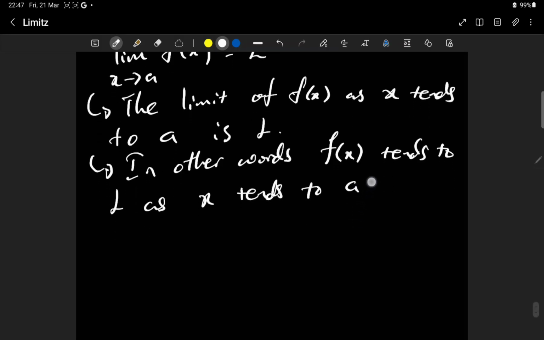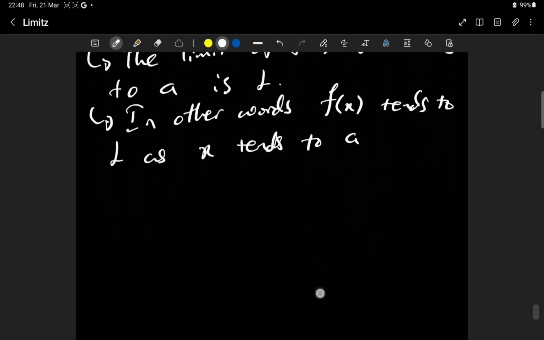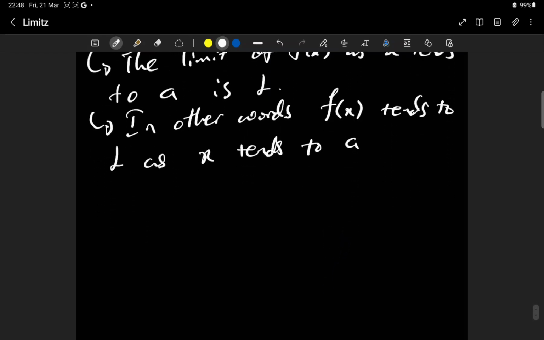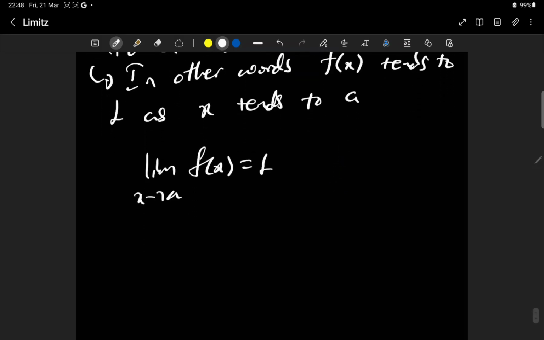So I'm just going to put it again here because I think this is very much important for students to note. If I write this equals to L, what we are saying is that f of x tends to L as x tends to a.